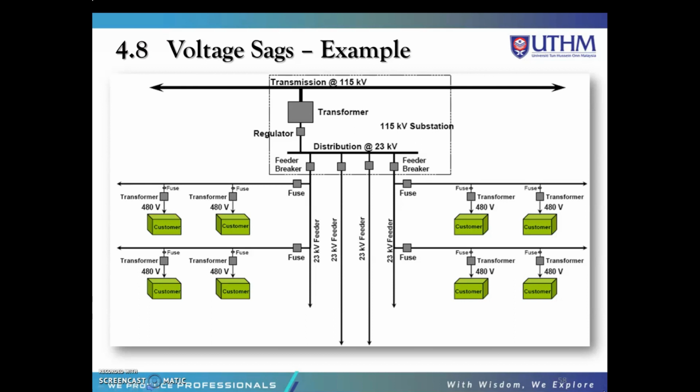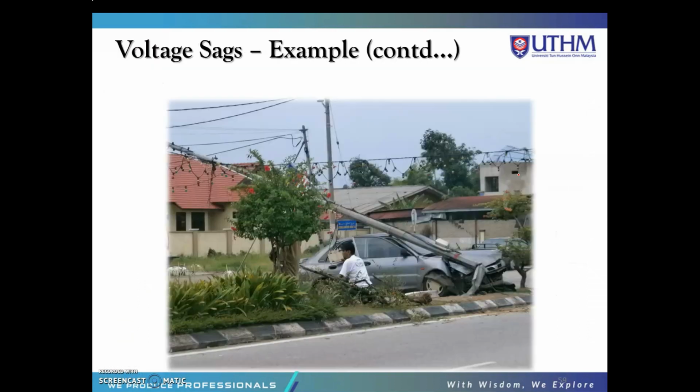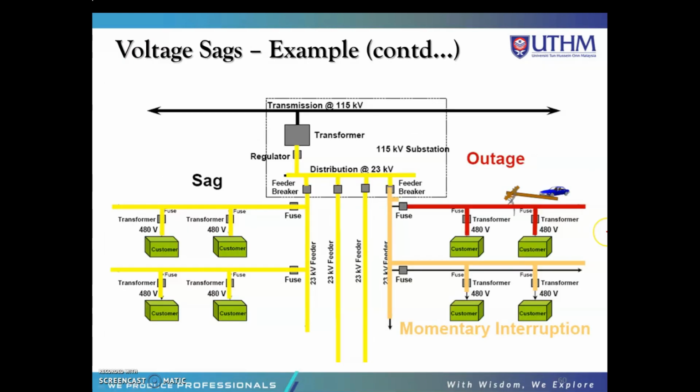Let's say an accident happened at point F1, where a car crashed into the distribution pole and damaged the conductor system, so the entire electrical distribution system is interrupted.